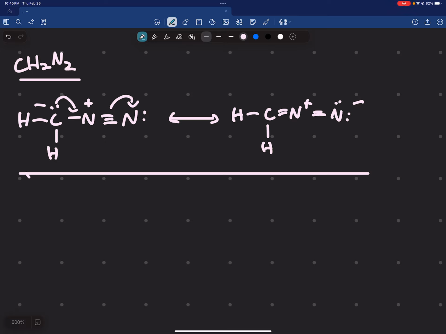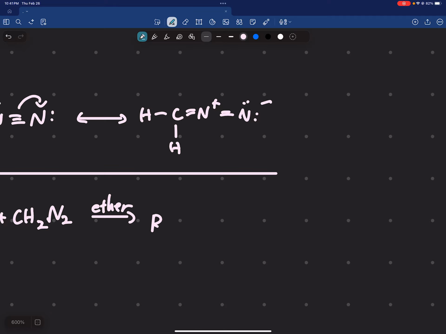So if we have an unnamed carboxylic acid, and we treat this carboxylic acid with diazomethane, it is going to convert it into a methyl ester, like so, and it's going to produce nitrogen gas.